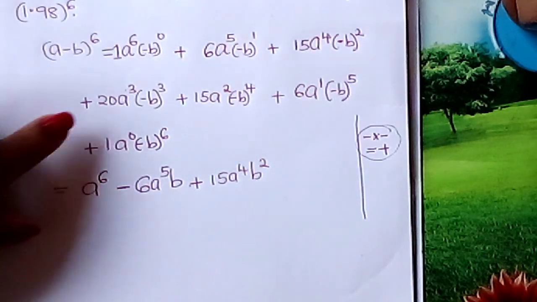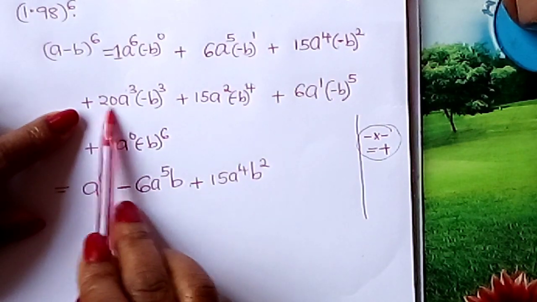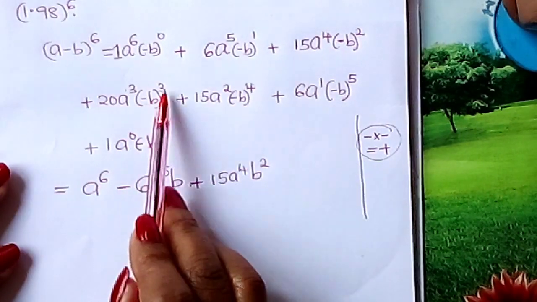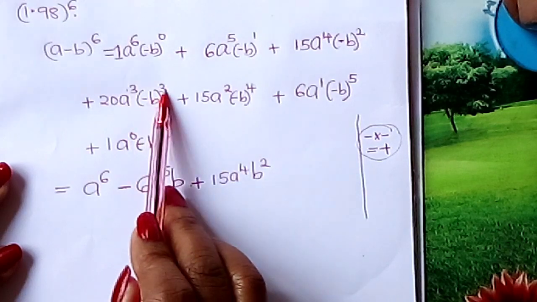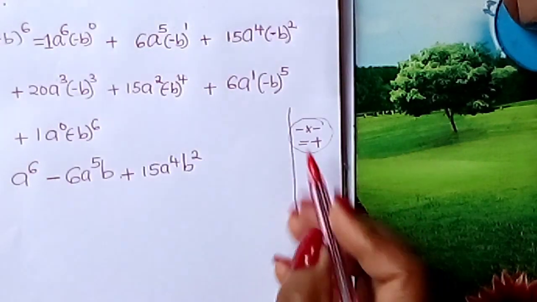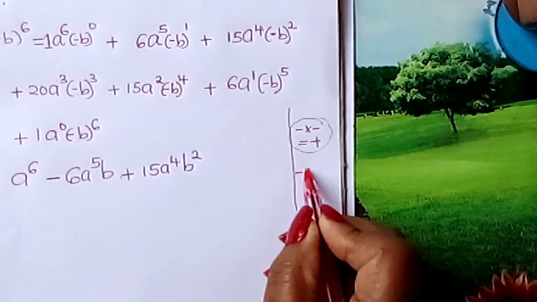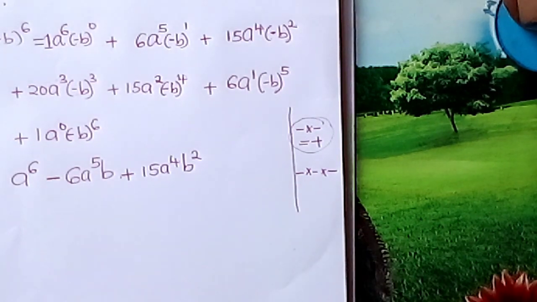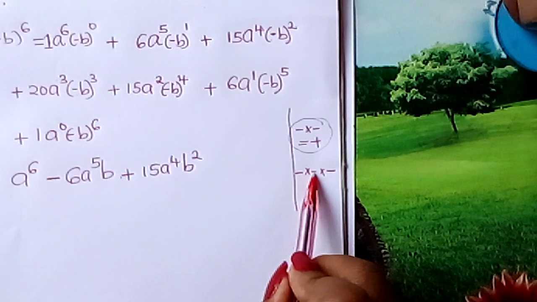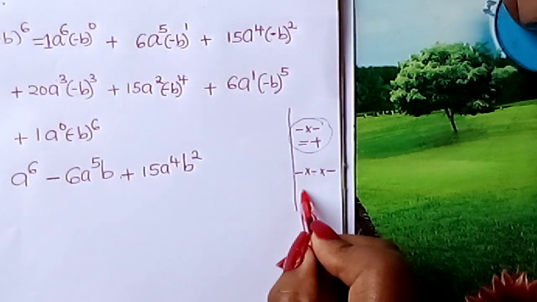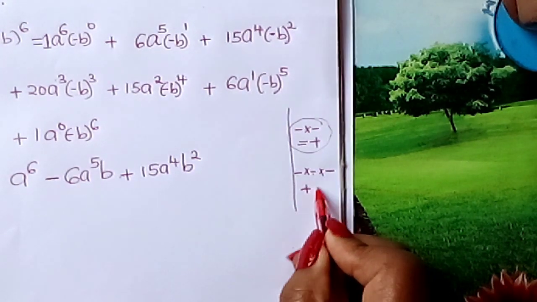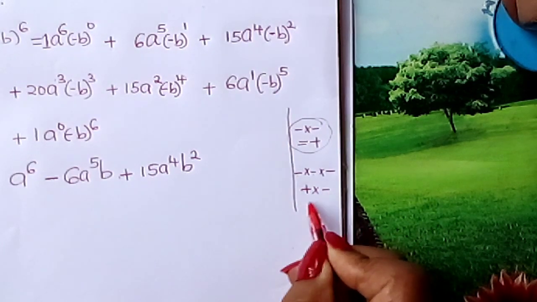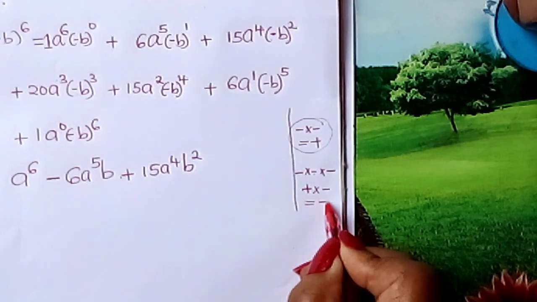Good. We go to the next term here, learner. Again, we start with minus b cubed. Minus cubed is what, learner? Maybe I can write here, minus cubed is minus times minus times minus. I hope you can see that. Minus times minus gives you plus. Plus times minus gives you minus.